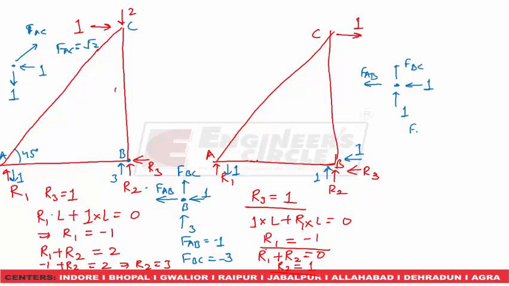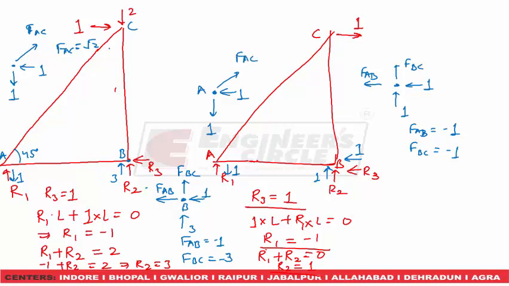So FAB will be equal to minus 1, FBC will also be equal to minus 1, and FAC can be calculated at joint A. So at joint A, R1 is downward 1, FAB minus 1, so it is compressive, this is 1, and this is FAC.